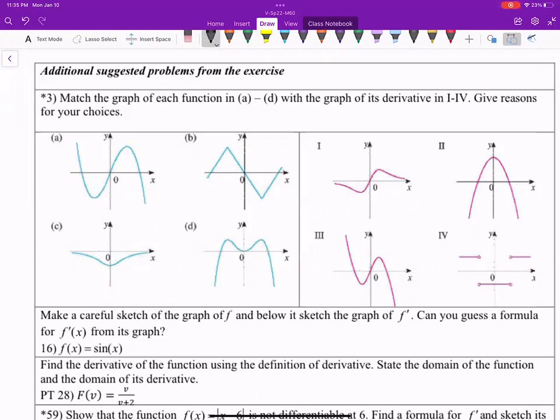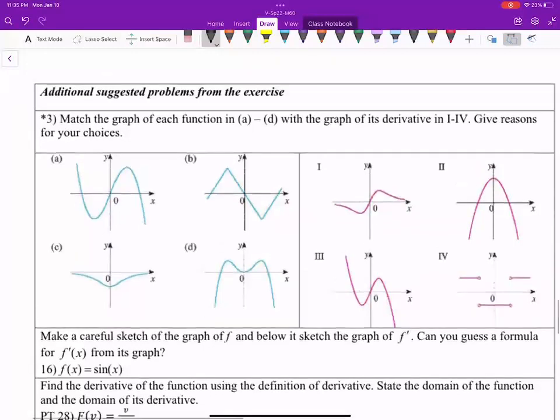Okay. So if you look at the first one, we are looking at the derivative function, which is on the right-hand side. You start off negatively because on this side the slope is decreasing.